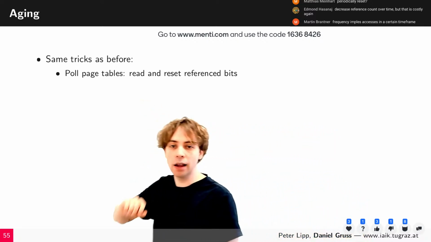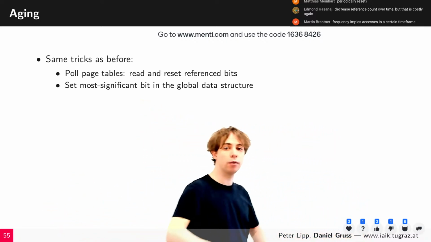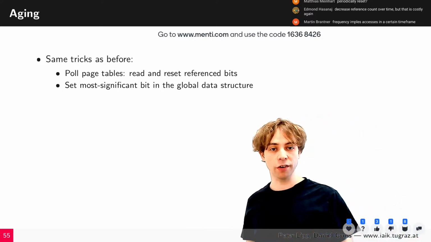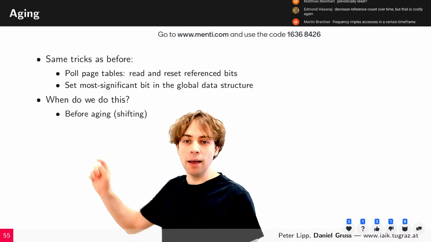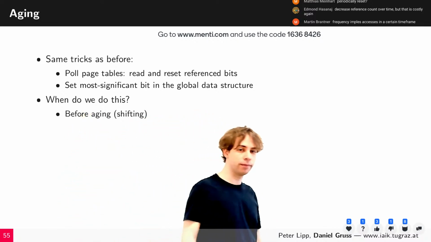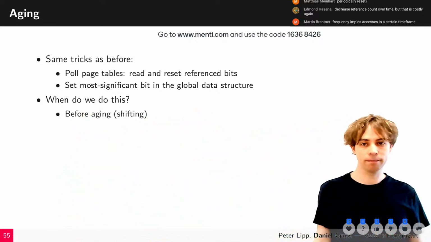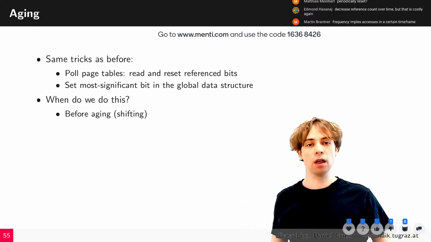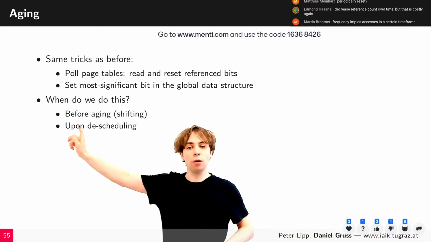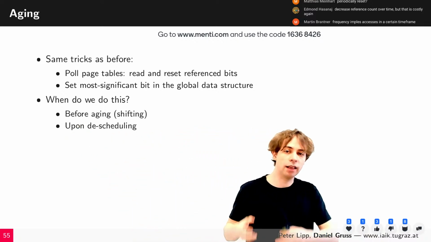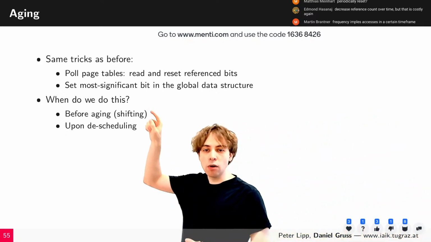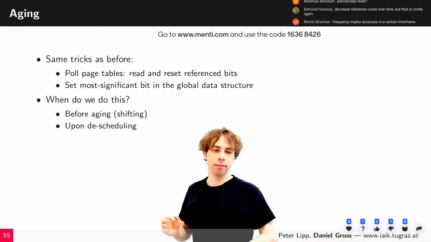We poll the page tables, we read and reset the reference bit, we set the most significant bit in the global data structure. And when do we do this? Before aging, either that, when we shift this, and this has to happen on a regular frequency, or upon descheduling again, transferring these bits into this global data structure. And then the regular part only is the aging.